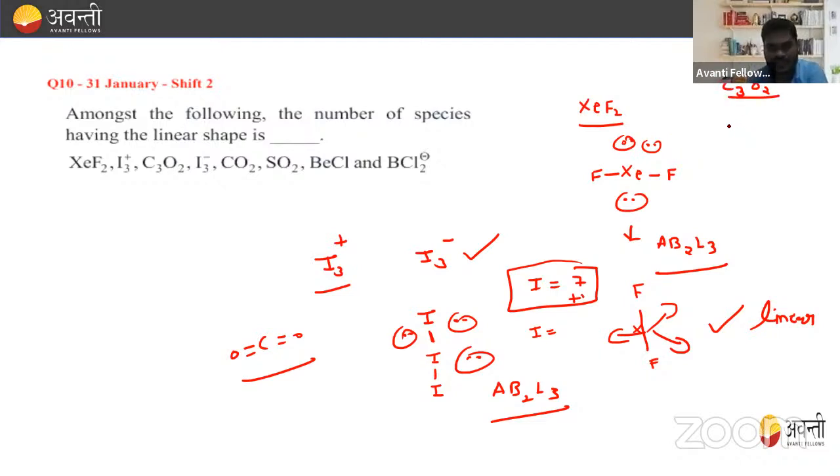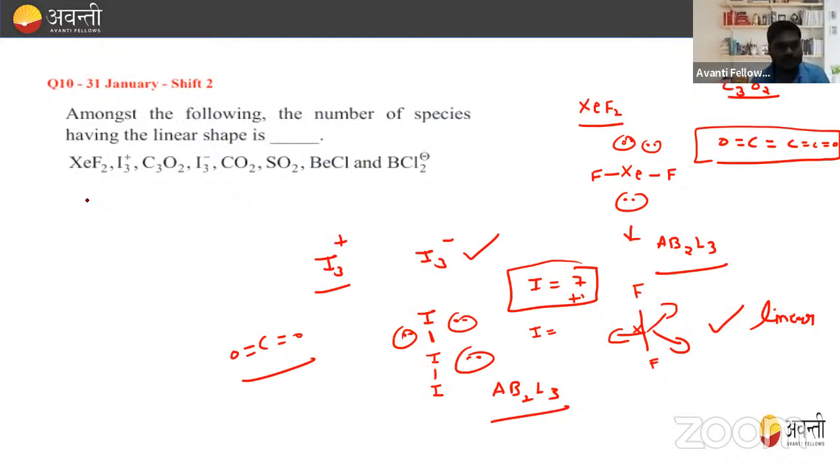The structure is like O double bond C, and this comes out to be C double bond C, and another C double bond O. So this is the structure of C3O2. This is also linear in nature. So how many of these are linear?